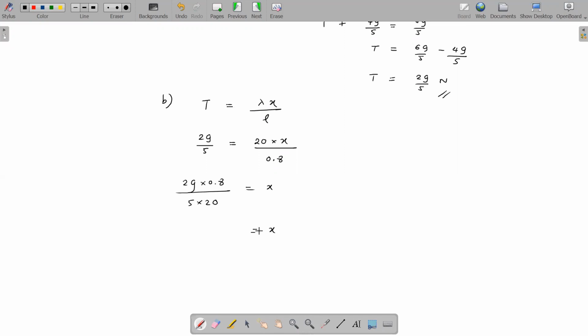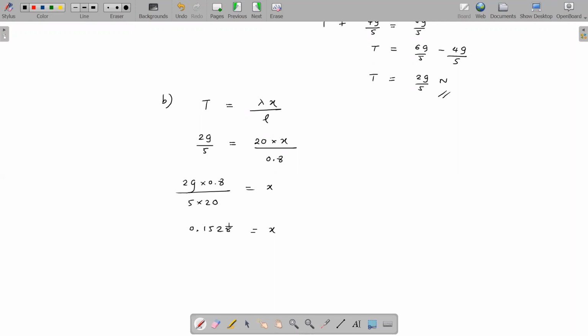So now you will type 2 times 9.8 times 0.8 divided by 5 times 20. Can I know the answer? The x answer you can type in the calculator. x is 0.152. You can take it to more SF.